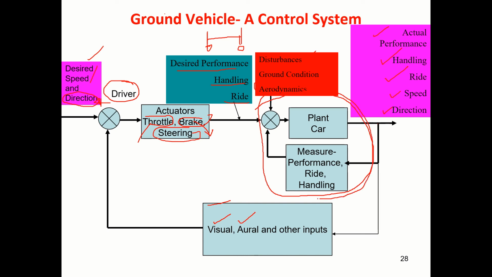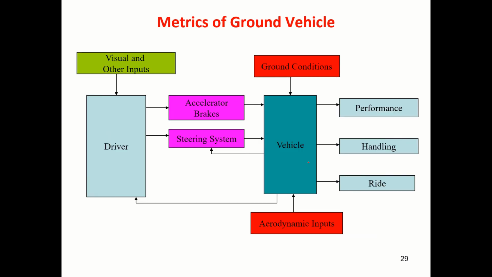Correct? So at the time of design, I should see and I should tune my vehicle design parameters to achieve this. Right? So that is what finally in a vehicle I should look for: good performance, handling and ride.